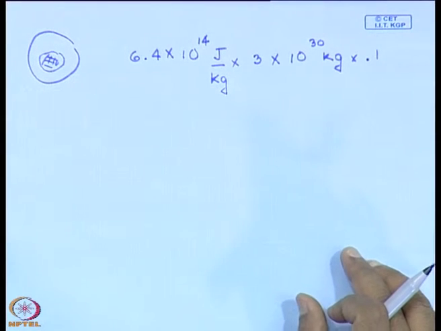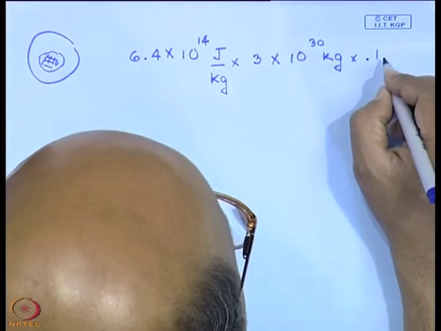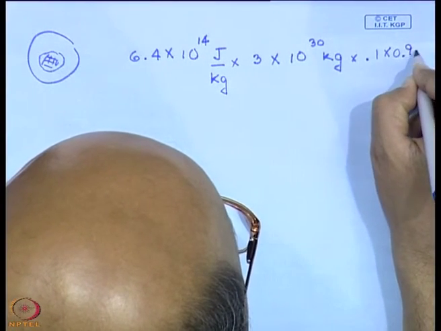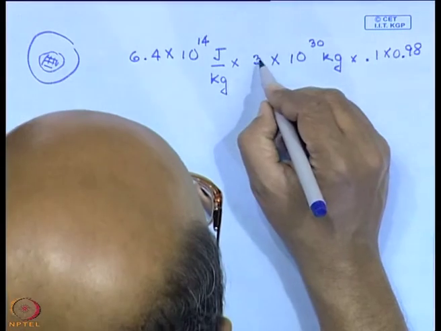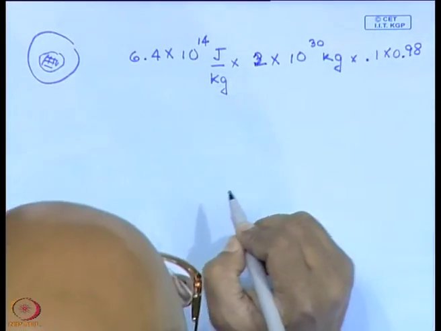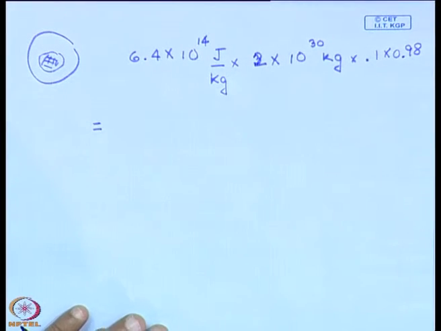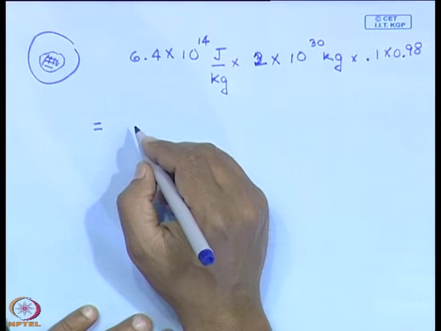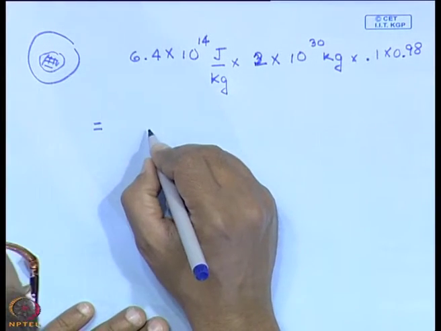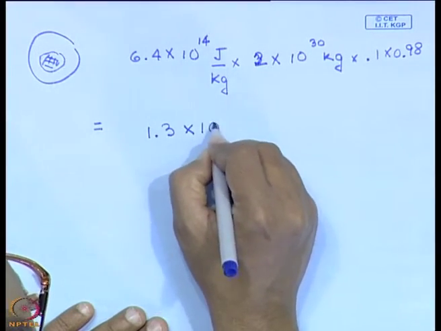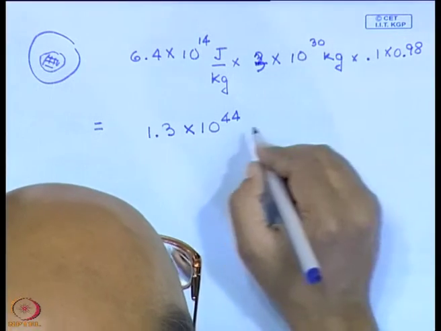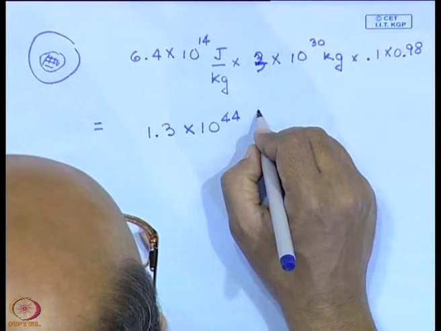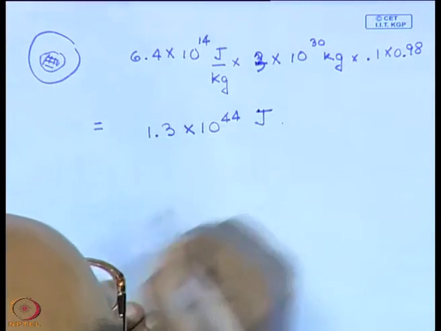So, we take another factor of 0.98. This gives us these many joules, that is the joules of energy available.